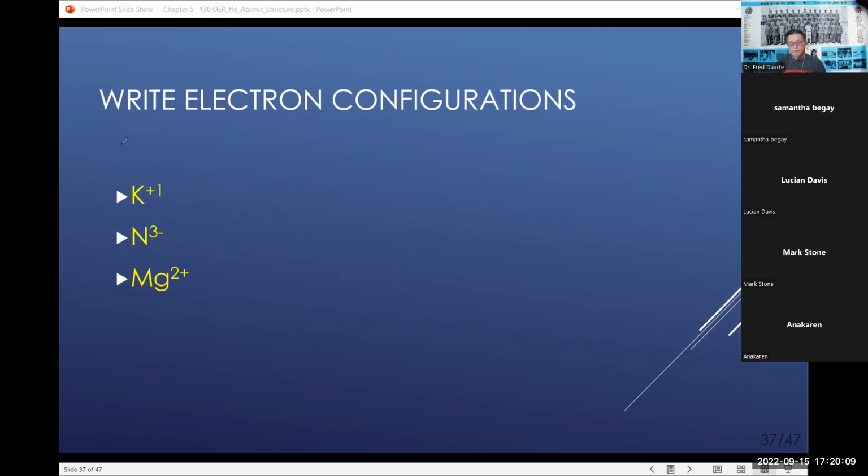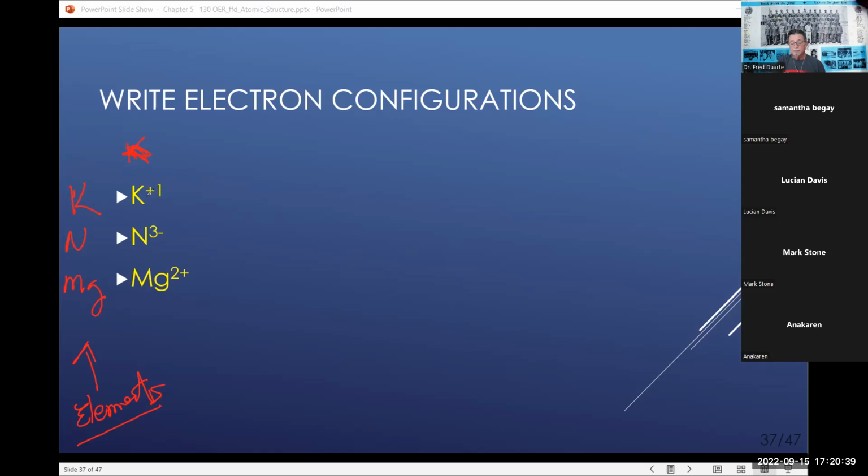So these 2, the potassium and potassium ion, with respect to the electron configuration, are not the same. The same is true, okay? So this is potassium, this is nitrogen, and this is magnesium. All of these are the elements, and therefore they would have different electron configurations.